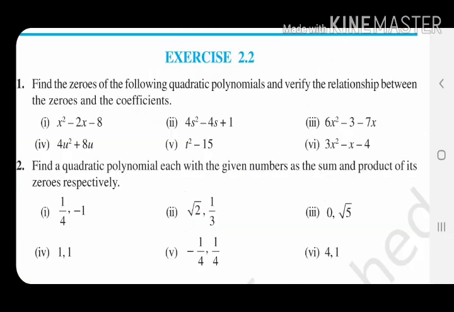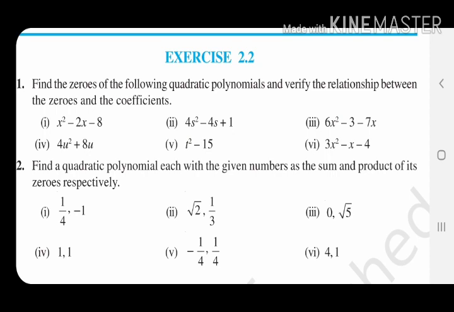So now we will move towards exercise 2.2. Find the zeros of the following quadratic polynomials and verify the relation between the zeros and coefficients. So as already said, you have to find the zeros. How? By factorizing. You equate the given polynomial to 0, then you factorize it, and it is converted into a product of something.